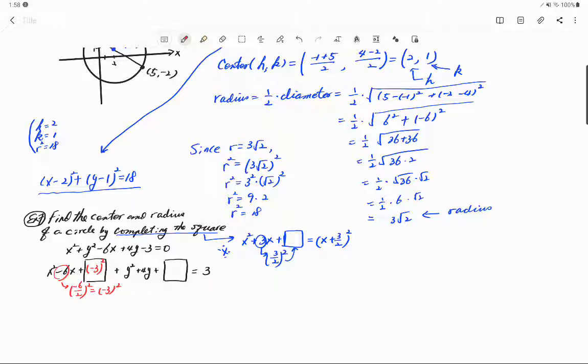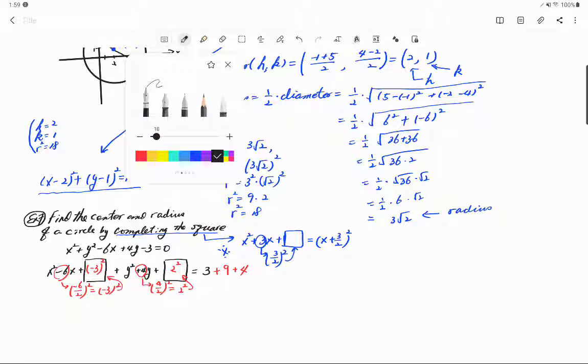So since we added 9 to the left side of the equation, we need to add the same number to the right. All right, how about the y? Divide 4 by 2, squared. That is 2 squared. So this goes over here. Since we added 4 to the left side of the equation, we add the same number to the right side of the equation.